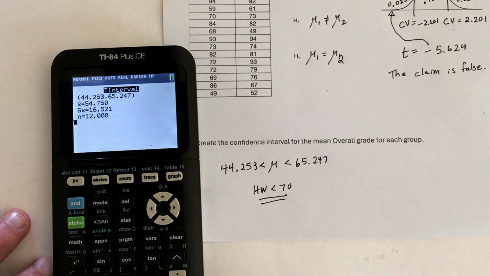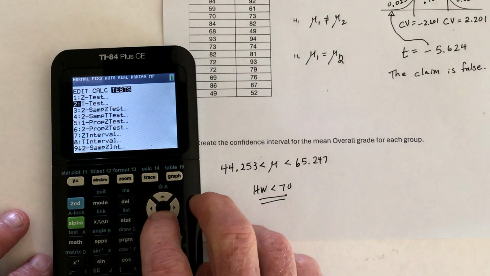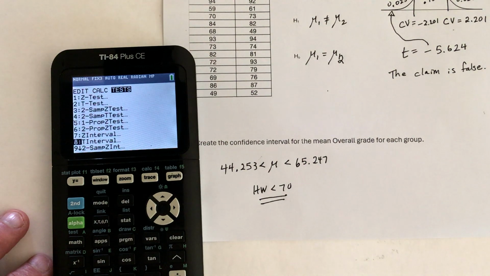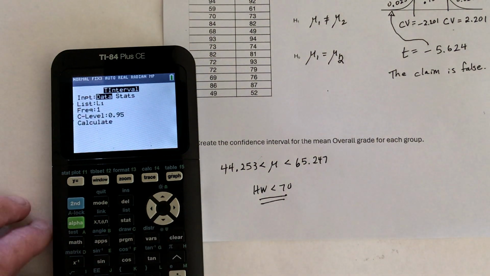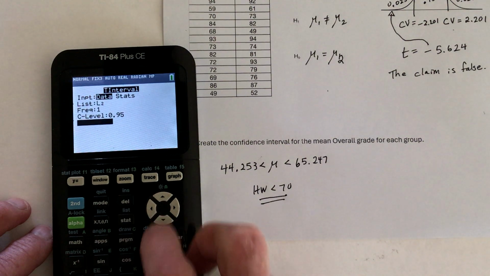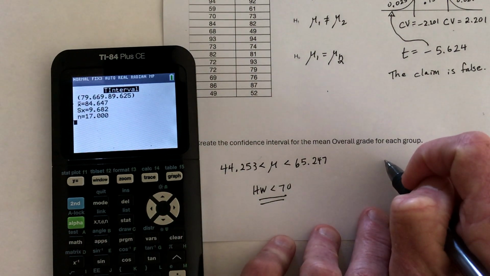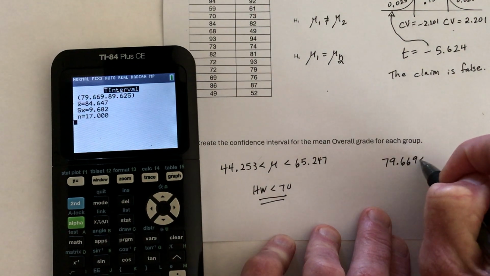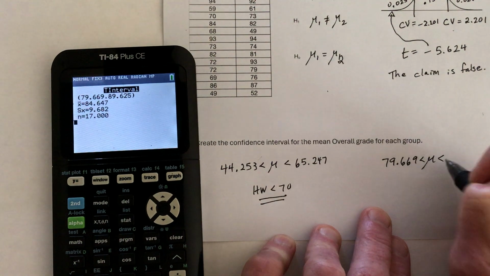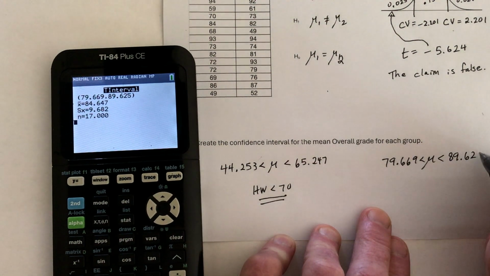All right, now for the other group. Stat, go over to Tests, go down to number 8, the t-interval. Just tell it to use list 2, so put second 2. And then their overall grade is going to be somewhere between 79.669 and 89.625.